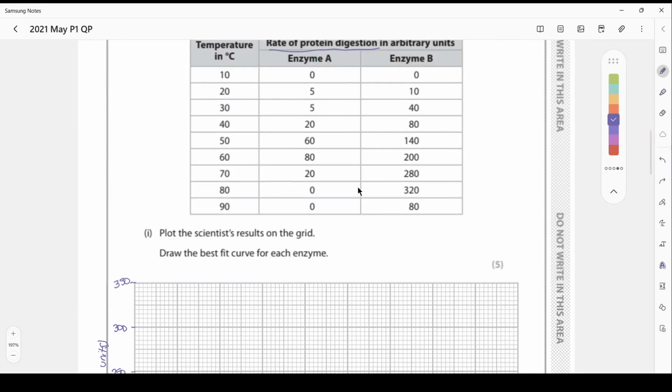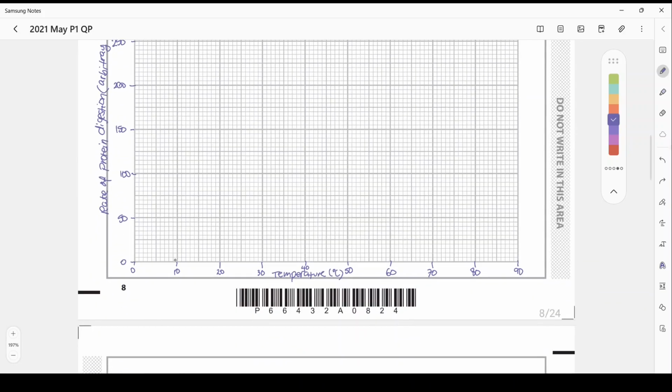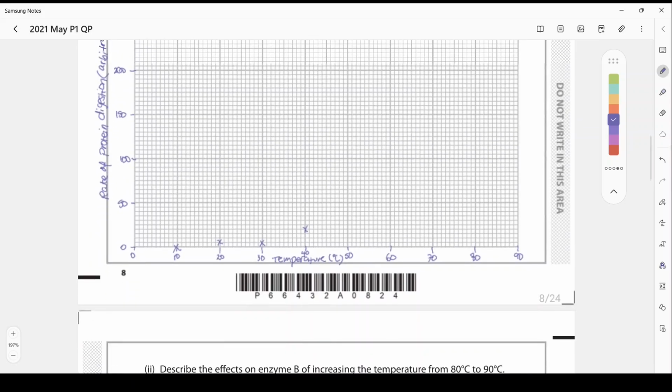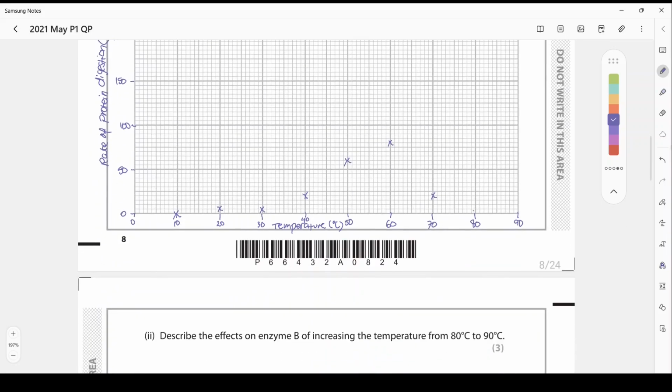All right, so we've got 0, 5, 5, 20. And then 60, 80, 20, and then 0, 0.